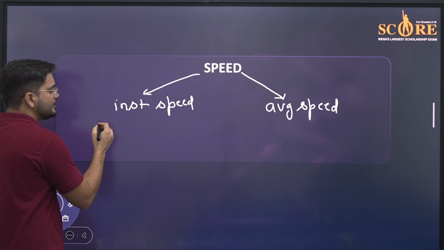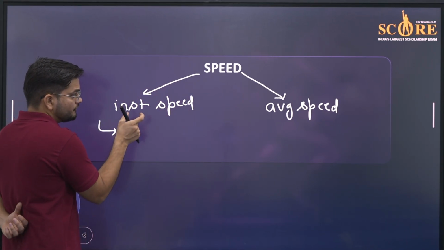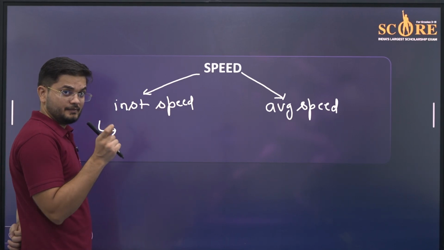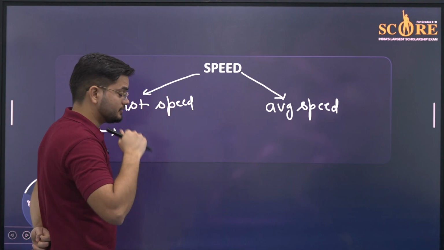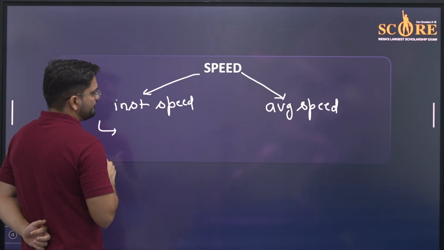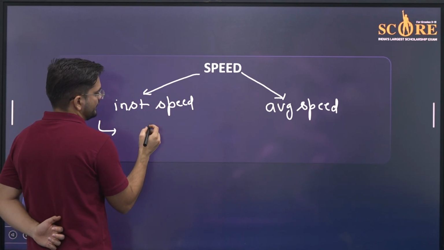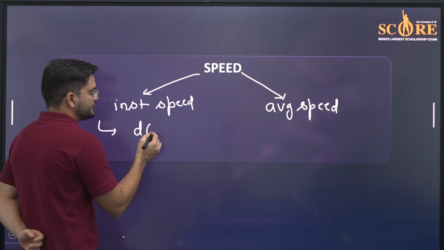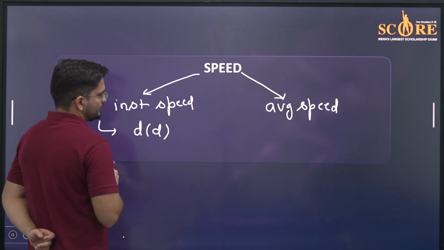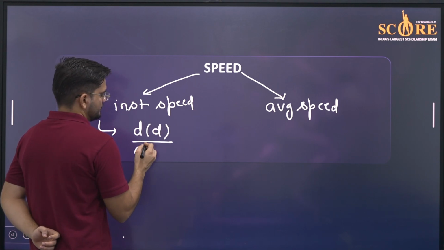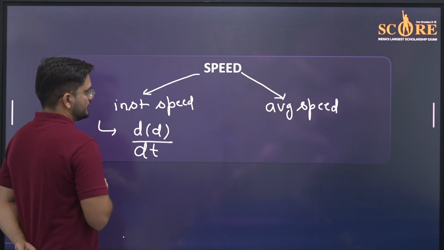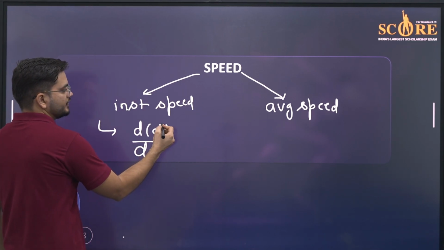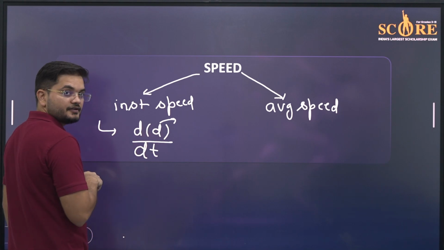What is instantaneous speed? Rate of change of distance traveled with respect to time at a particular instant. If we denote distance traveled by the symbol small d, then d by dt represents the rate of change of distance traveled.